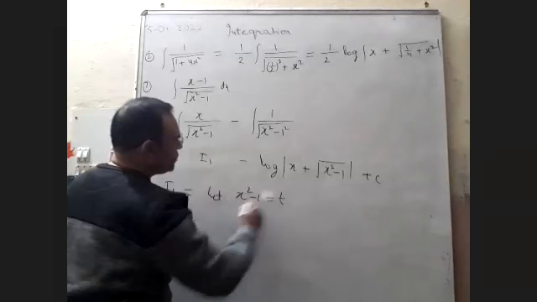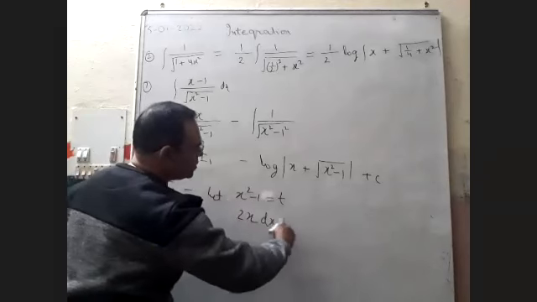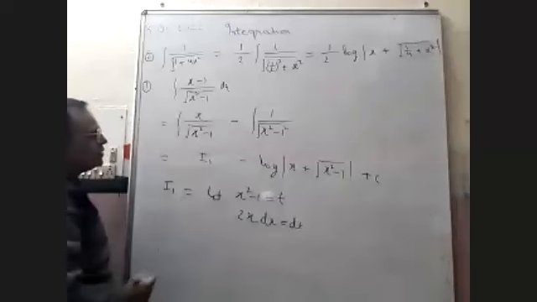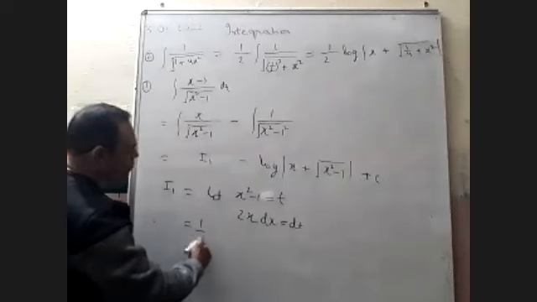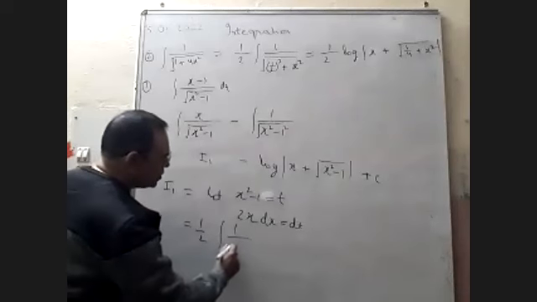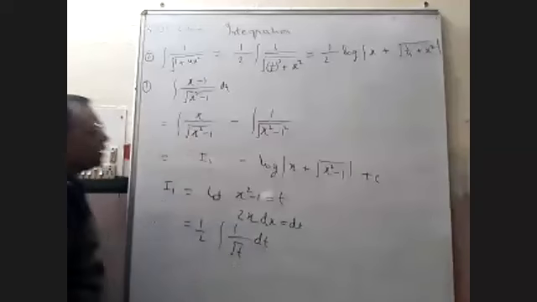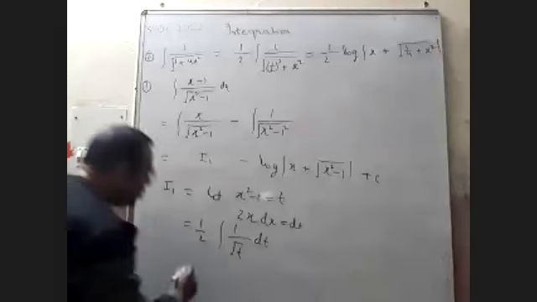So differentiation will be 2x dx is equal to dt. So here x is available. You can write 1 upon 2 root t plus c. Sorry, x dx is equal to dt upon 2. So you can integrate. What will be the integration?